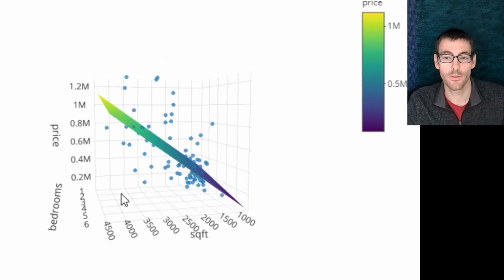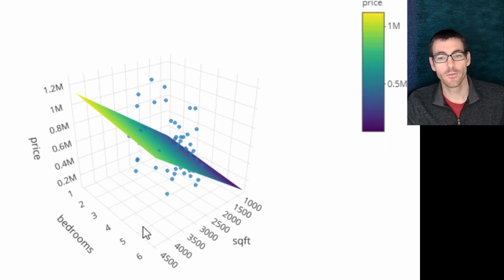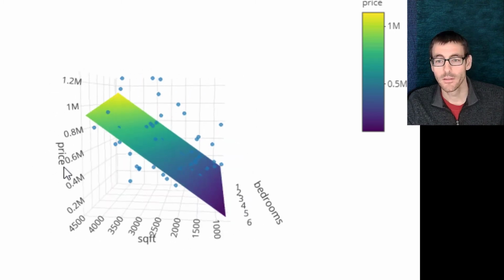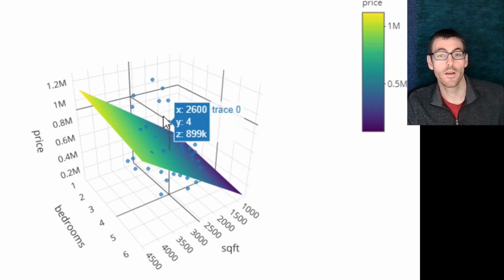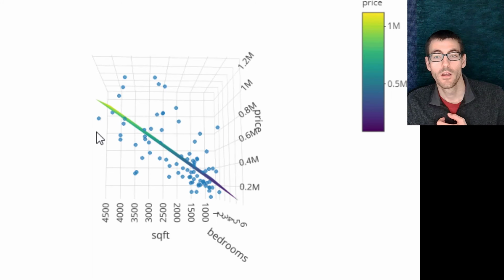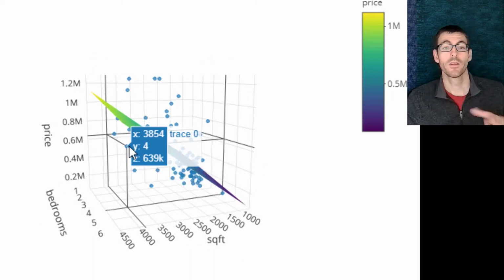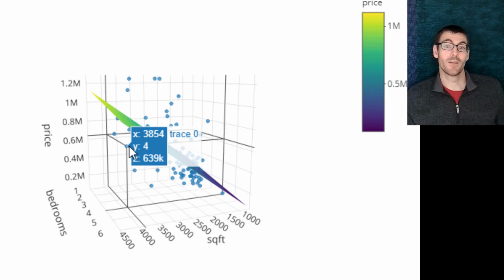So what we have is a 3-dimensional plotly plot, which is comparing bedrooms and square footage as our explanatory variables to price. And so the scatter plot should be, each of these points corresponds to one of our data points. And the plane is corresponding to the linear model. A single regression linear model is going to be a line. A multiple regression linear model is going to be a plane or a higher dimensional version of it.